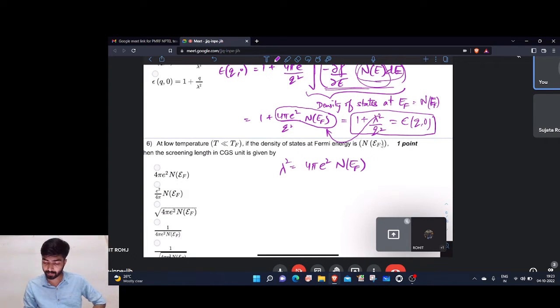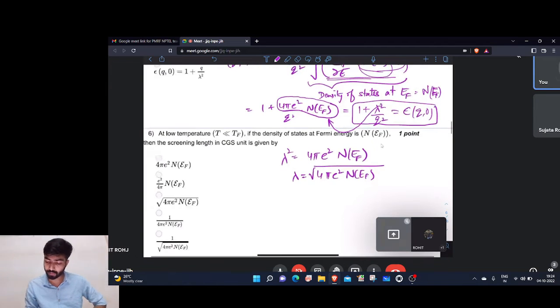Now lambda would be the square root of 4 pi e square N of EF, and just as we learned just before, 1 by lambda is actually the screening length. So 1 by lambda would be 1 divided by the square root of 4 pi e square times the density of states at the Fermi level.